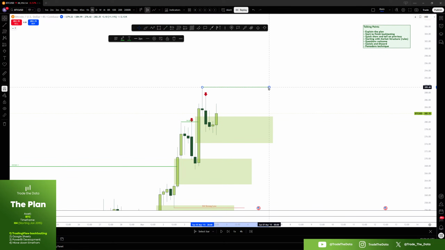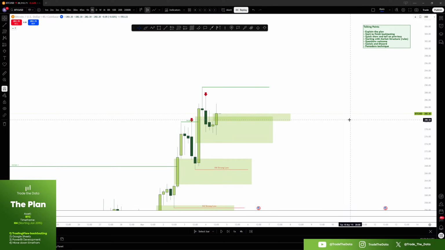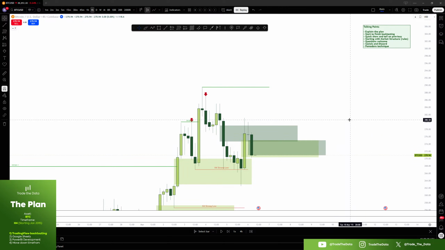So we're expecting this to be broken. This is our strong low. So H4 strong low. Let's see what it does. Oof, I reckon that's broken, isn't it? No, wicked. It's not going to be silly, is it?